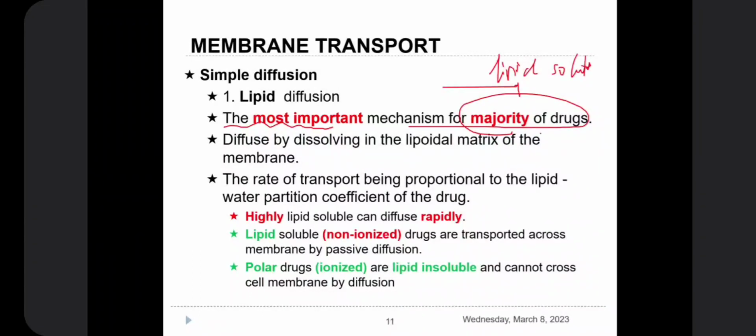So the majority of drugs cross the membrane by lipid diffusion. Once again, lipid diffusion is the most important mechanism for the majority of drugs, because most drugs are lipid soluble and can cross the membrane very easily.